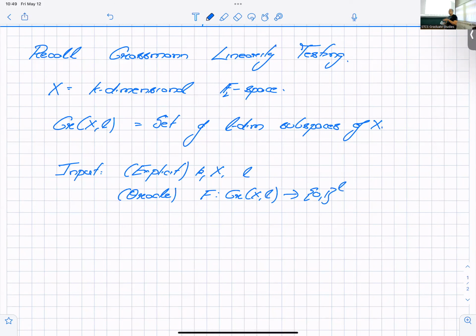So we'll assume that for every subspace, there's a canonical basis. We'll pick it upfront, and {0,1}^L is basically going to give me the linear function on that basis. That's one way of specifying the linear function.